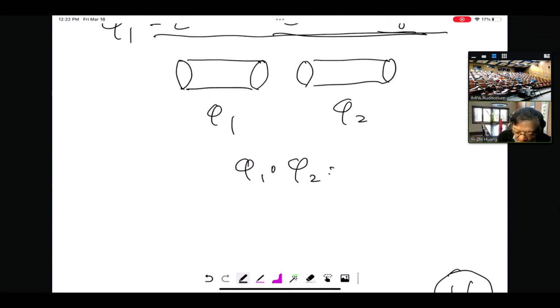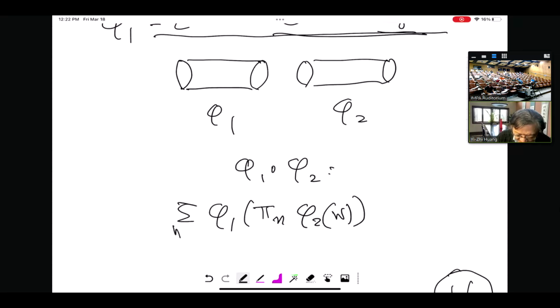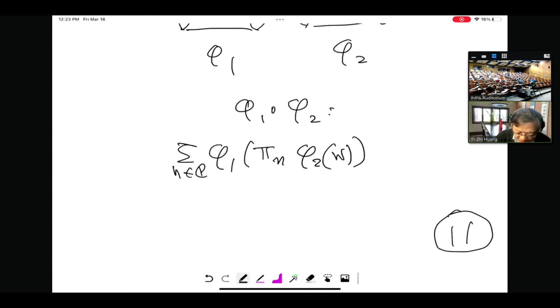Okay. So therefore, when you compose, what do you mean? The only meaning is the following. You apply phi1, then you take a projection to its homogeneous subspace of weight n, and then phi2 applies to some W. And then you take the sum, in general in C because it's a module, but usually it has only finitely many congruence classes of non-integers.